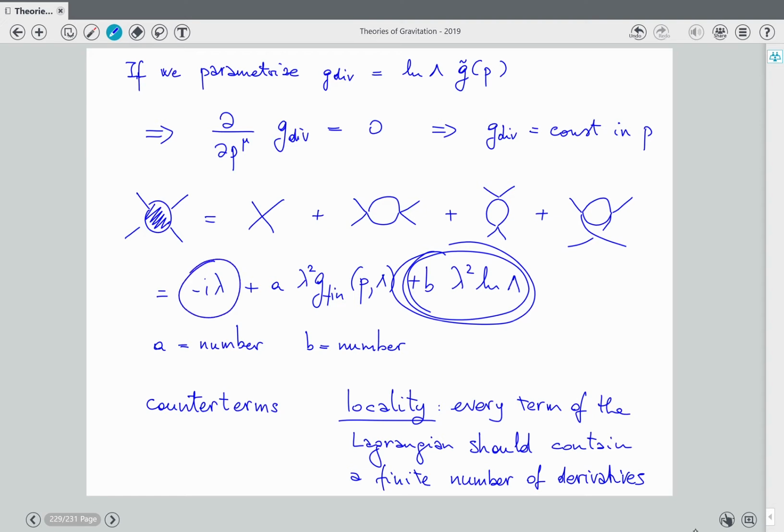You see, it has the same form as I lambda, so you can subtract that by adding a vertex or redefining lambda. You can redefine lambda as lambda nu plus delta lambda, so you can do it the way you like.